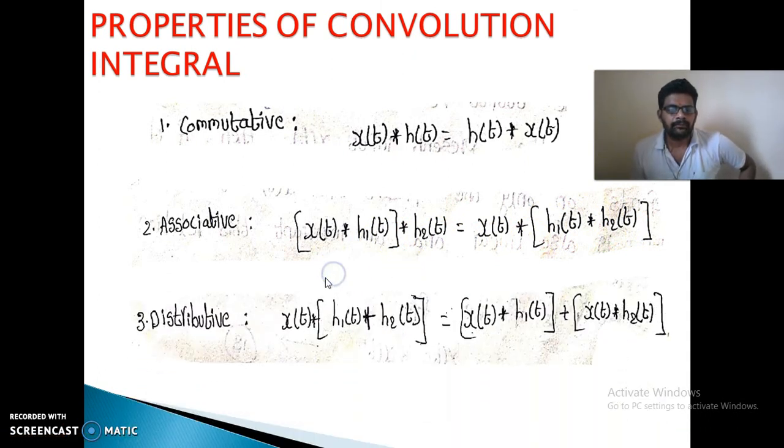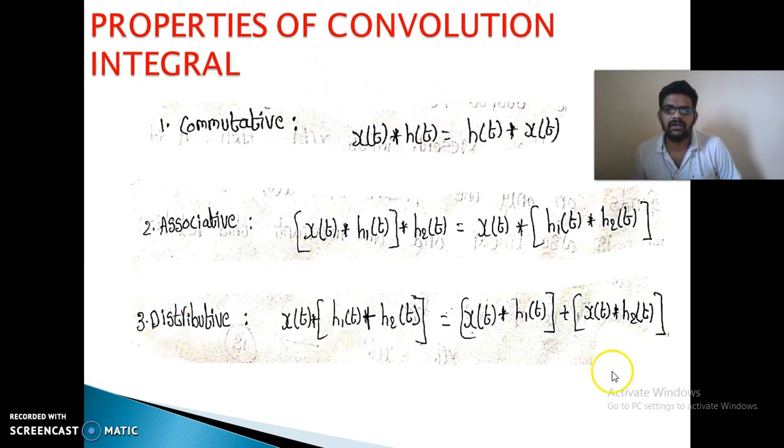And then the distributive property: if there are two systems, x of t convolved with h1 of t plus h2 of t is equal to x of t convolved with h1 of t plus x of t convolved with h2 of t. So the convolution integral satisfies these three properties.